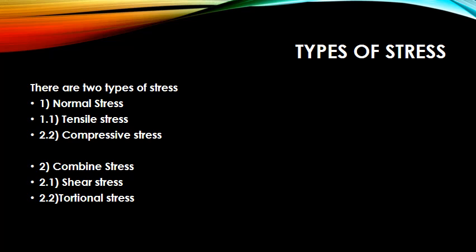These come under the normal stress. The second type, the combined stress, is also divided into two parts: the shear stress and the torsional stress. These two stresses come under the combined stress.